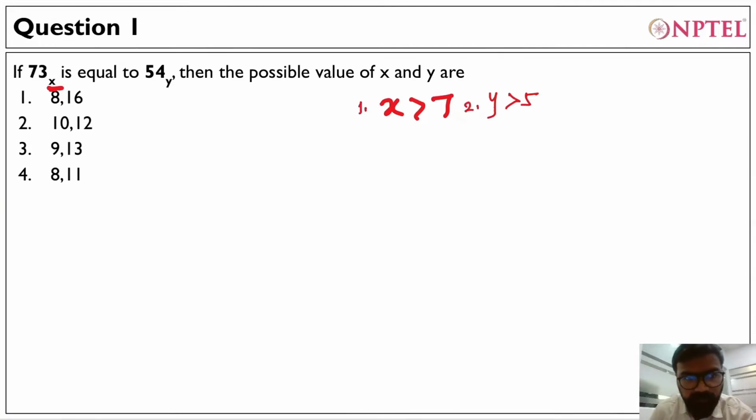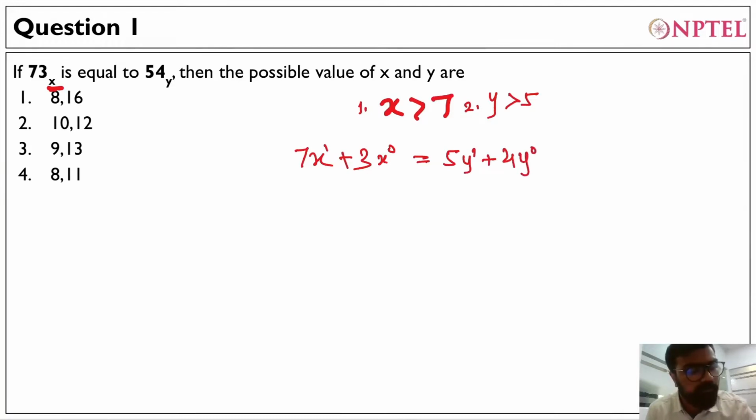To solve this problem, it is very simple. We will convert each of these numbers into decimal and equate them. So how will we do that? We can write 7x plus 3, because it is 7x to the power 1 plus 3x to the power 0, is equal to 5y to the power 1 plus 4y to the power 0.